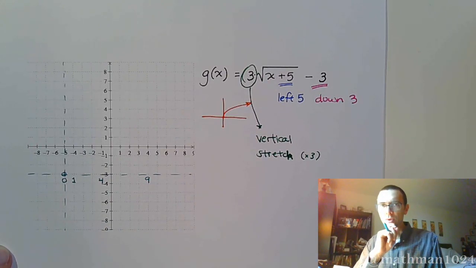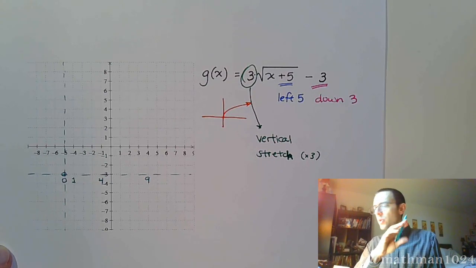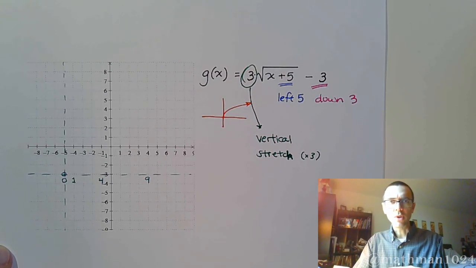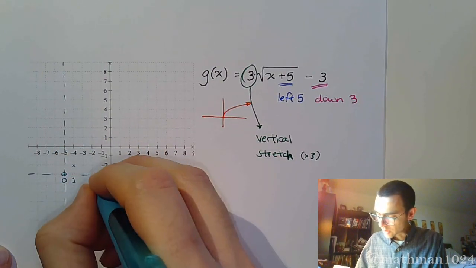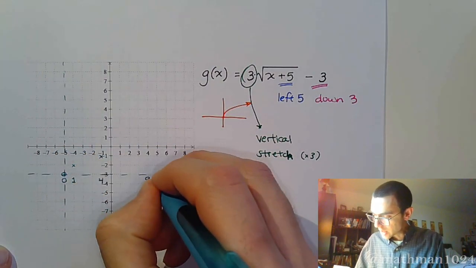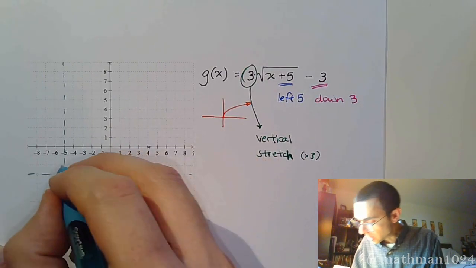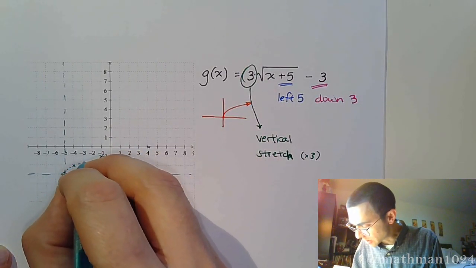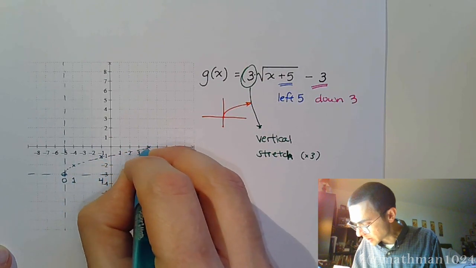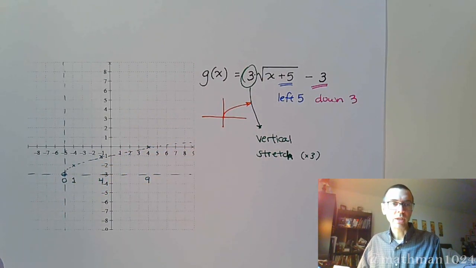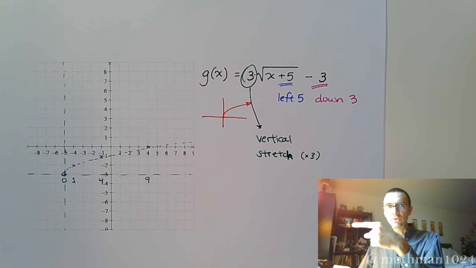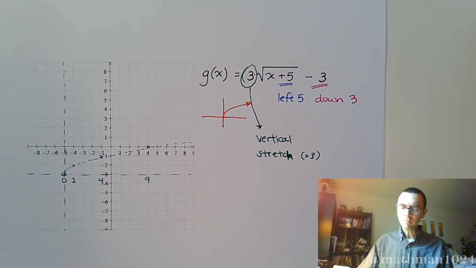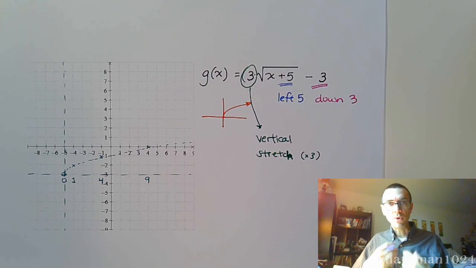If I didn't have the 3 there, and I were just doing a normal square root function, the square root of 1 is 1, the square root of 4 is 2, and the square root of 9 is 3. So you would have a shape that would look like that. That's your square root shape that is shifted to the left 5, and down 3. Let's put it all together for us, though.